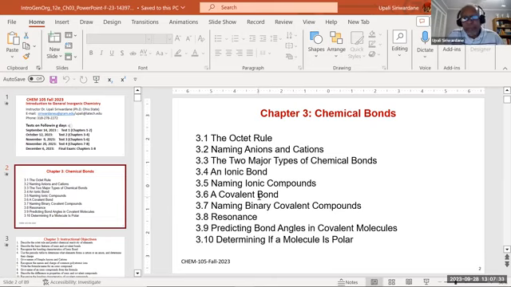We also talked about resonance, when more than one Lewis structure is needed to describe the bonding in the molecule, especially when there's a double bond that could be redistributed to different bonds.